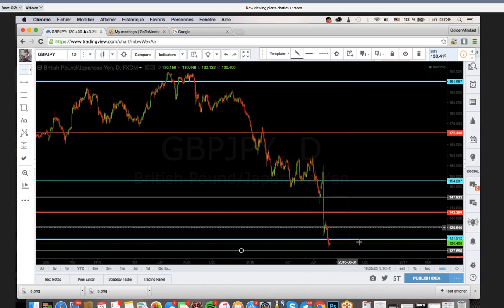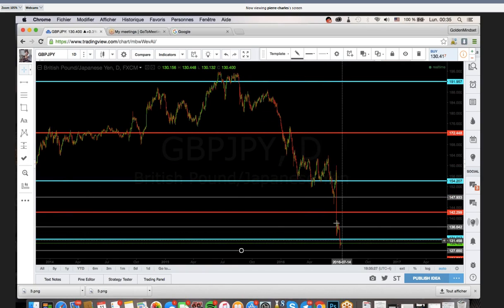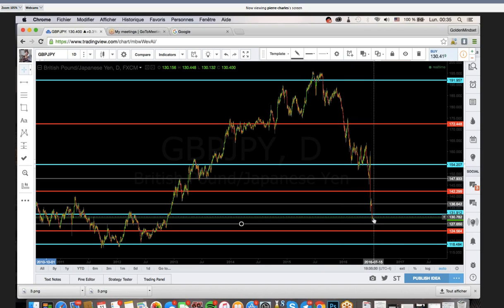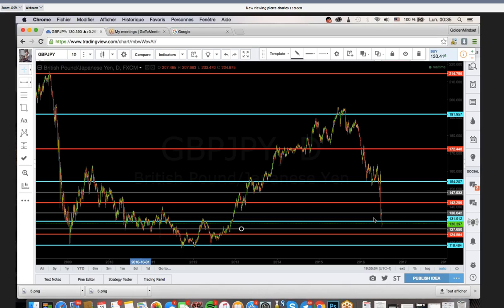Because if we look at the chart right now, there's no retracement, none. So when it starts retracing, it's going to be pretty huge. So let's keep going. We're going to put our last daily level. It's going to be right there.